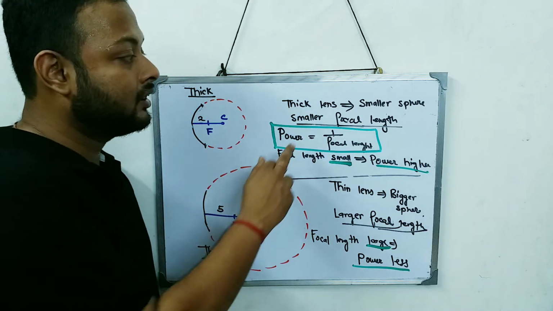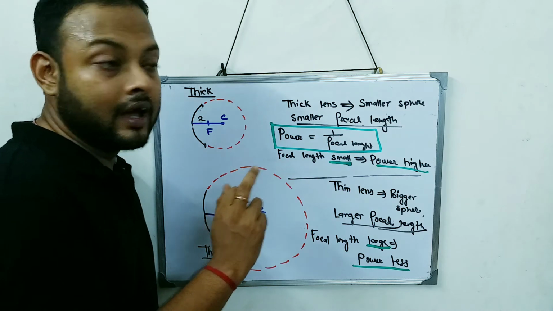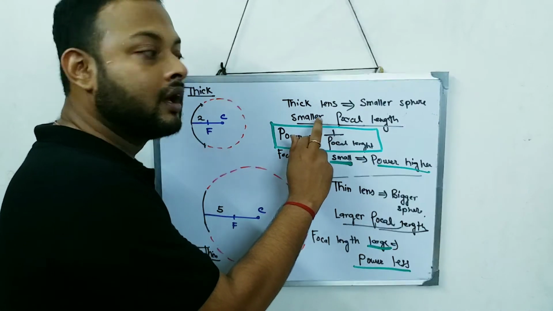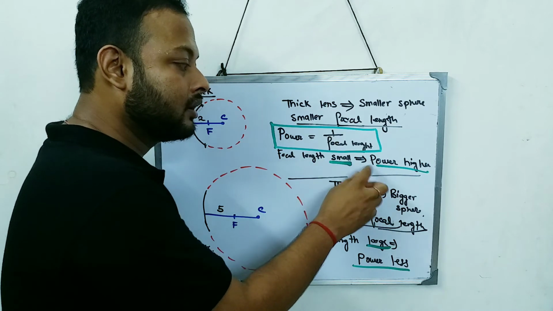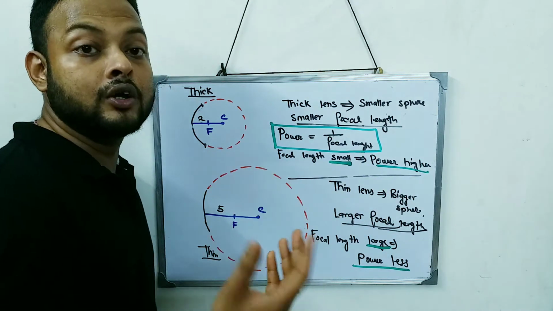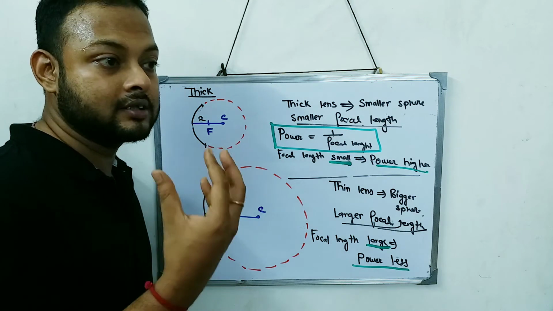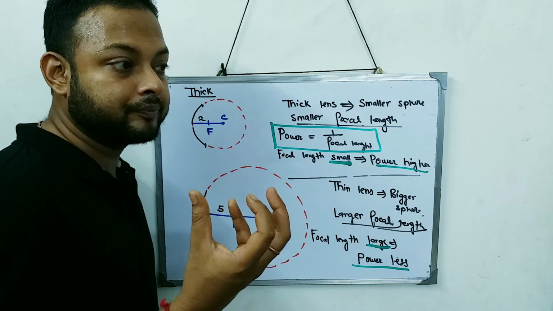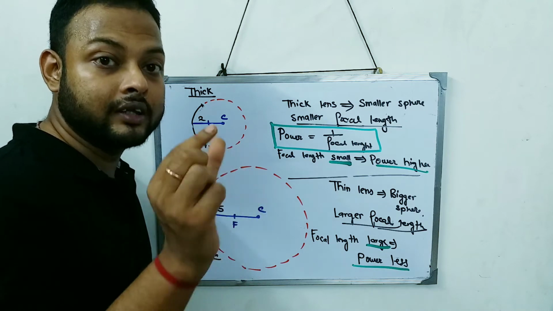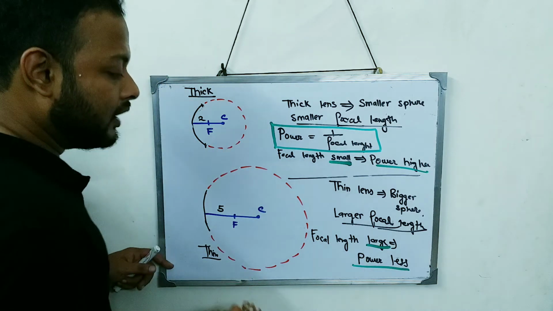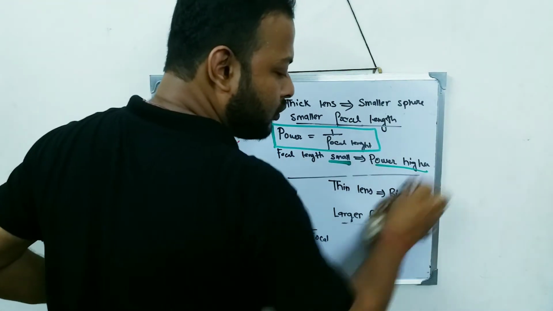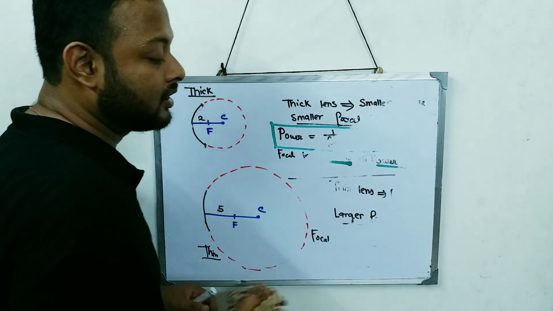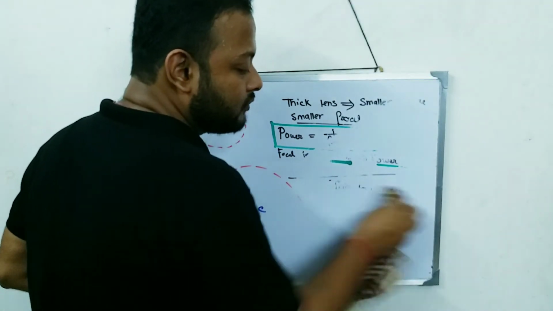So they wear thicker lens spectacles, which means their focal length is small. And if their focal length is smaller, the power becomes higher. So that is why the spectacles have very high power. To have a high power, you need a thicker lens.